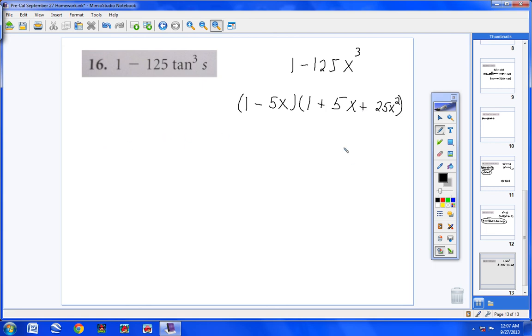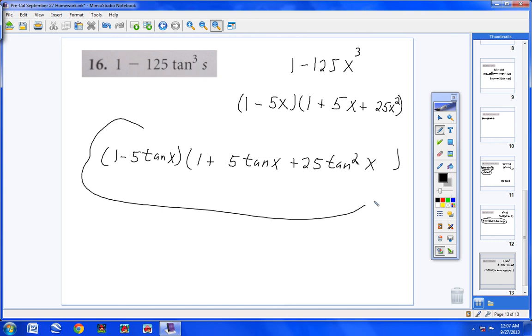Now I'm going to quickly rewrite this with tangent. So I have 1 minus 5 tangent x, and then 1 plus 5 tangent x, and then plus 25 tangent squared x. Now I know I shouldn't have used an x, I should have used an s, but I think that's the final answer.